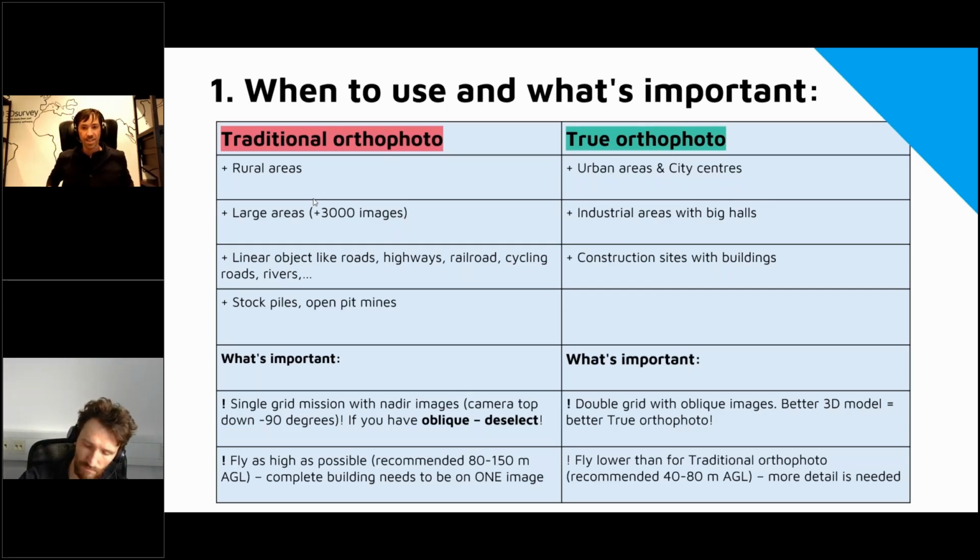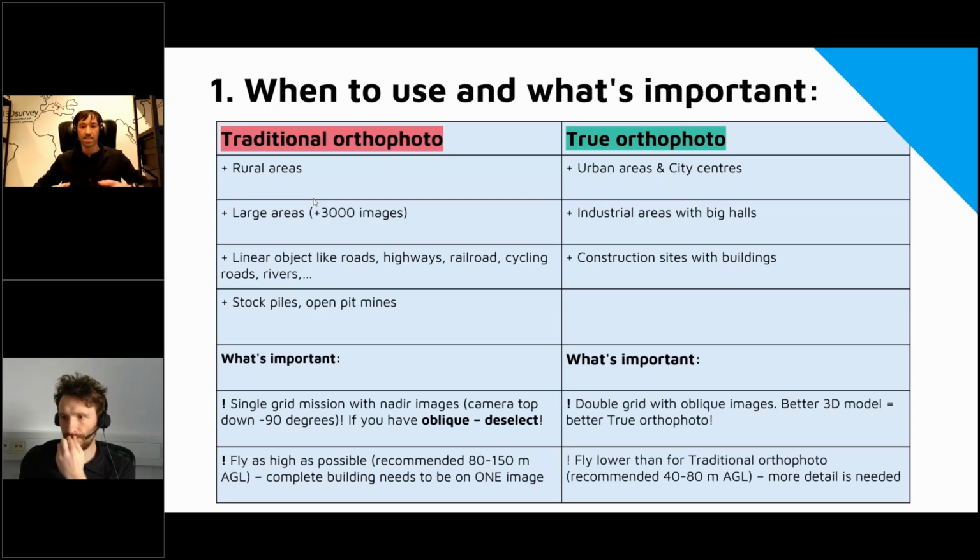The next one is true orthophoto. We warmly advise you to use the true orthophoto approach in case you are flying urban areas and city centers where mainly high buildings are, big halls, anything like that. So definitely with the traditional orthophoto, you're going to get much worse results in comparison to true orthophoto in this case.